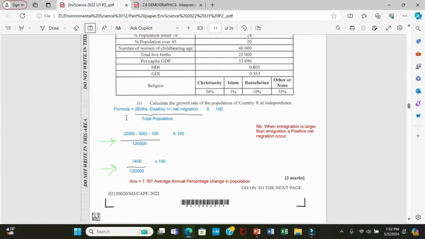Now the formula for population growth is births minus deaths, plus or minus net migration, times 100 over the total population. All right, now in order to understand the net migration aspect of the formula, let's look at this note brief over here. It says when immigration is larger than emigration, a positive net migration occurs.